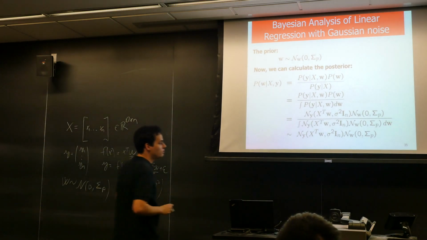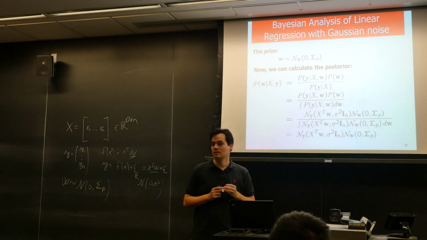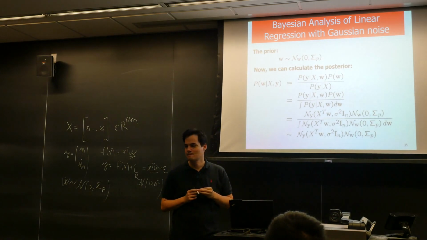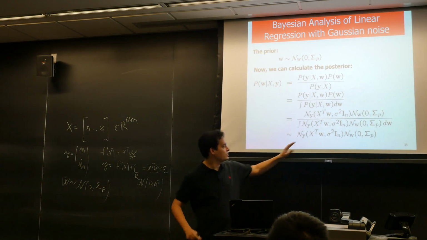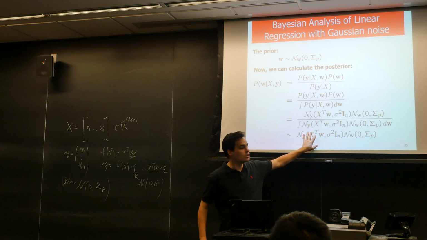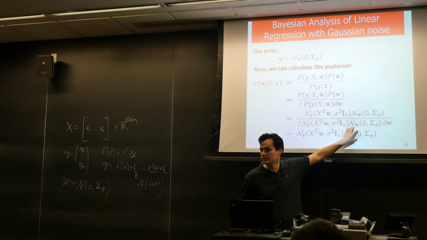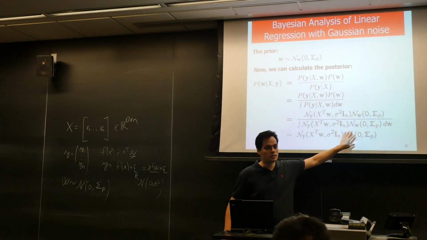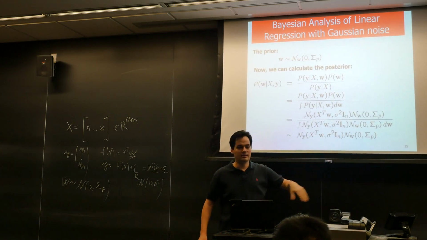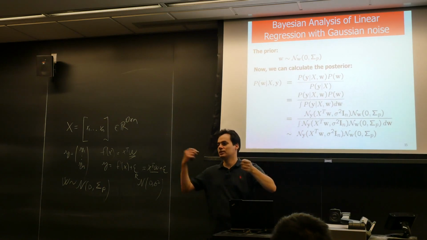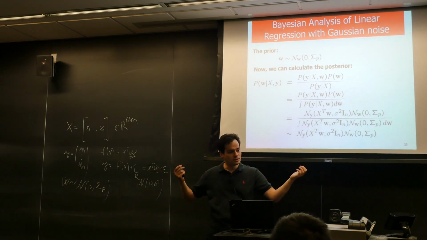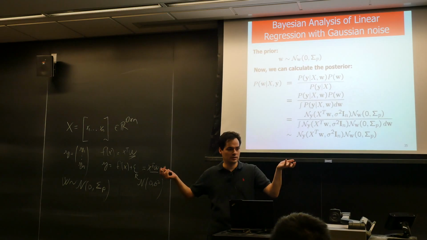Gaussian. Okay, so why is that? It's a quadratic function in the exponent. There's a quadratic function inside the exponential here, and another quadratic function inside the exponential here. So if I multiply these two, it will be a quadratic plus quadratic inside the exponential function, and a quadratic plus quadratic is a quadratic.